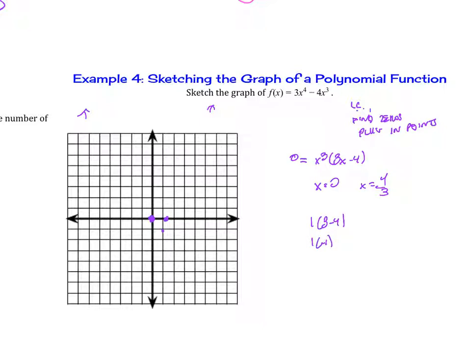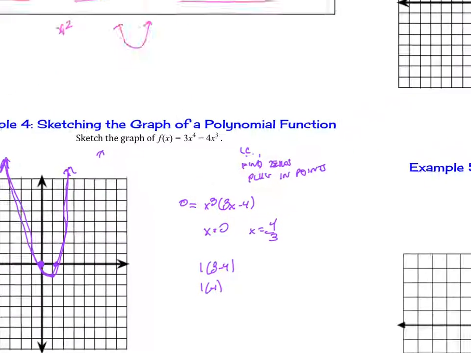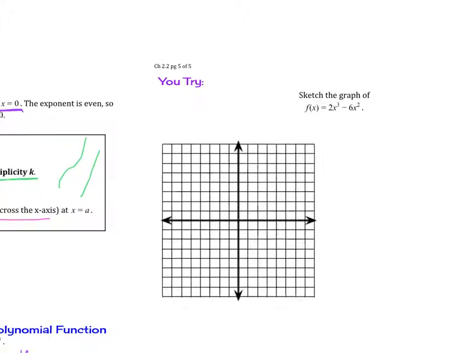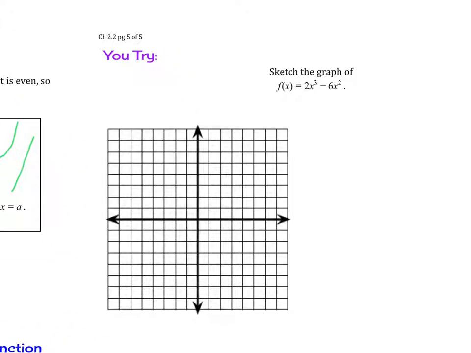So at 1, we're at negative 1. And so we can go ahead and sketch our graph. It does something like this. We could plug in more points to figure out more of what it does, but this is a good general sketch of the graph. So go ahead and try this example here.